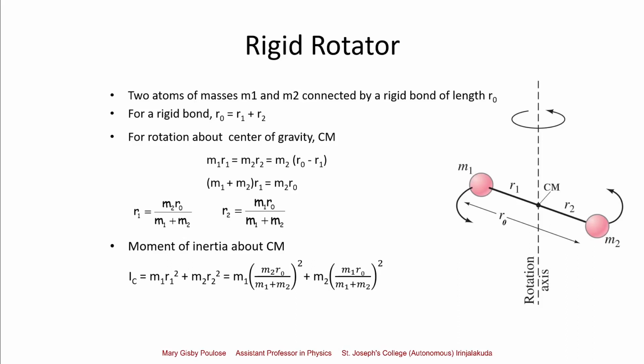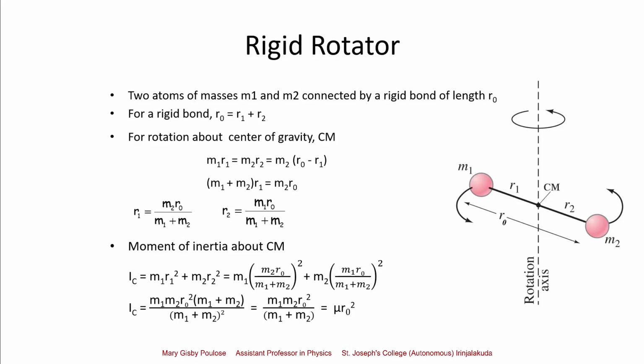Taking it outside, we can write IC equals m1m2r0 square into (m1 plus m2) divided by (m1 plus m2) the whole square. Cancelling out the common terms, we get m1m2 divided by (m1 plus m2) into r0 square.